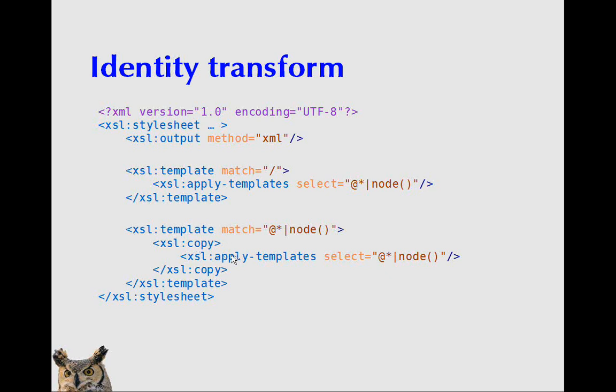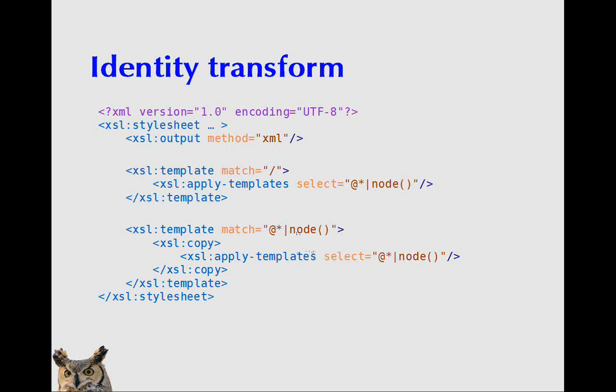And then within the copy, we say recursively, let's apply templates on select any attribute or any node. So this processes recursively, that is cyclically, everything from the root of the document down to the lowest level element in the document tree and copies everything to output.